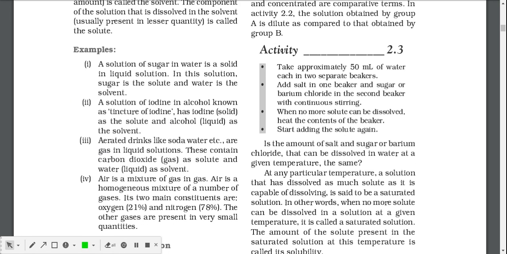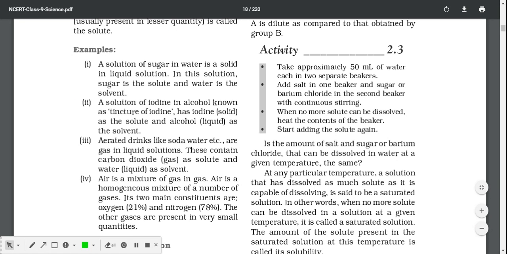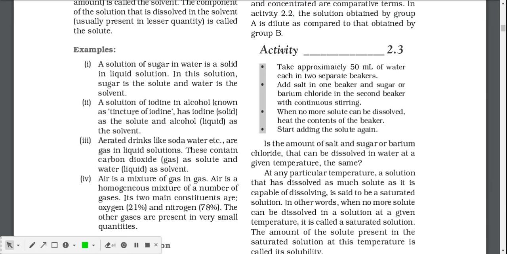Let's take some examples. A solution of sugar in water is a solid in liquid solution, right? In this solution, sugar is solute and water is solvent. The whole solution which is formed by dissolving sugar in the solvent is called sugar solution, right?